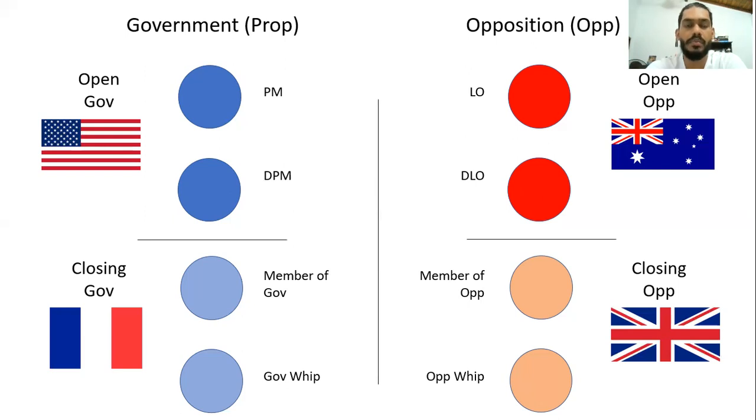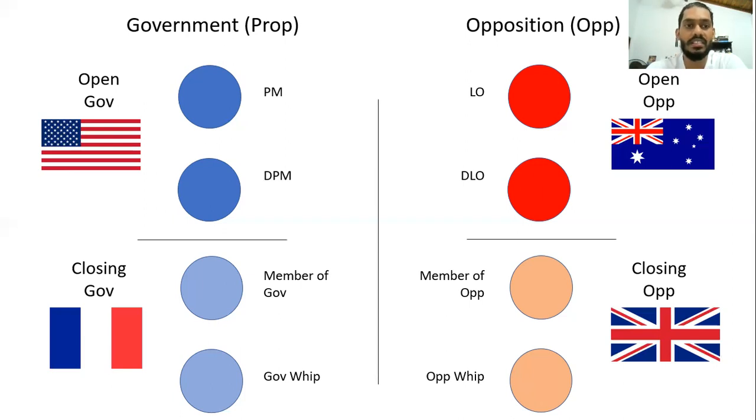So the leader of the opposition got the chance to rebut, because they got to go after the opening government. And if they haven't rebutted some key points and the member of the opposition rebuts those points, they get to steal those points from the opening opposition.